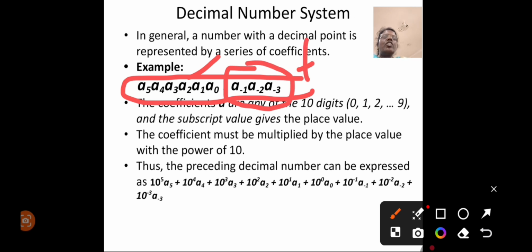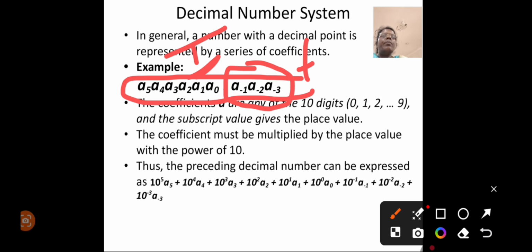The fractional part is represented with coefficients like a suffix -1, a suffix -2, a suffix -3. These are the coefficients present after the decimal point, on the right side. On the left side of the decimal point, we have the integer part of the decimal number.